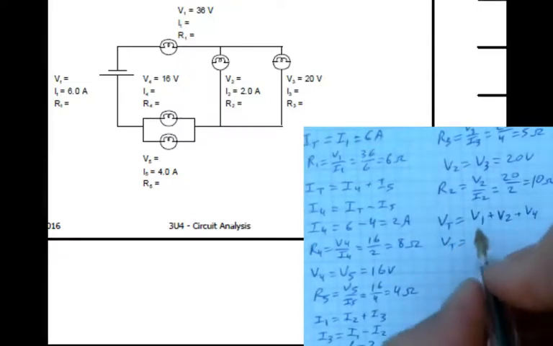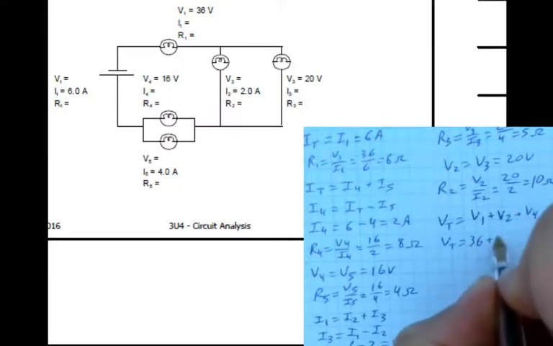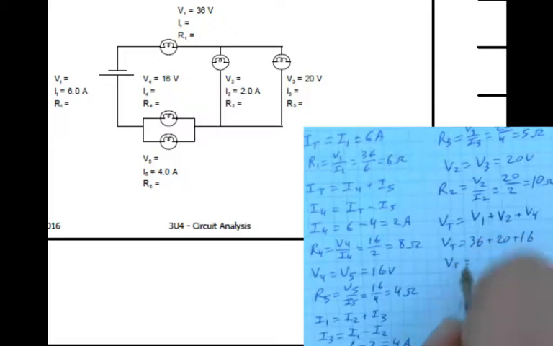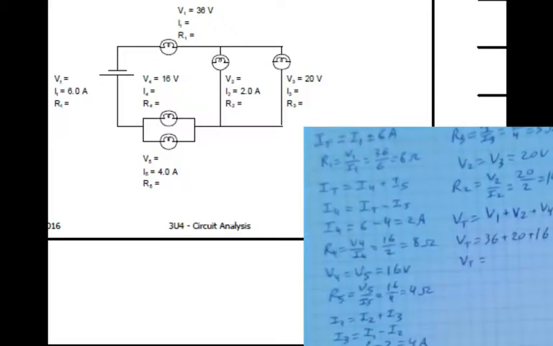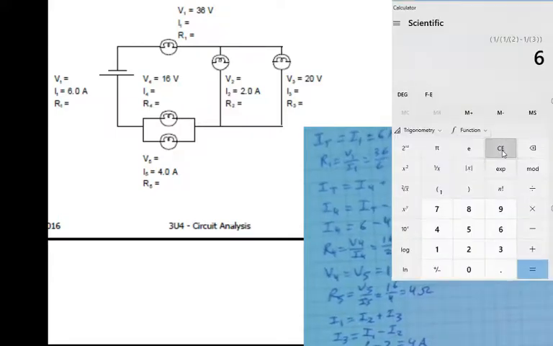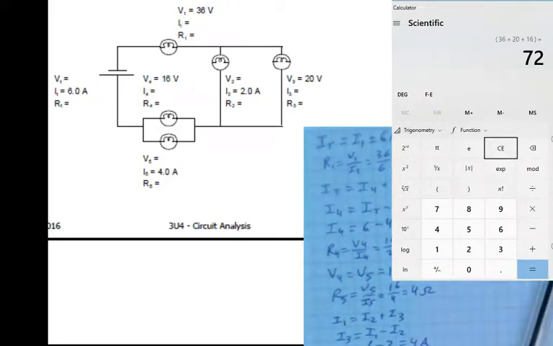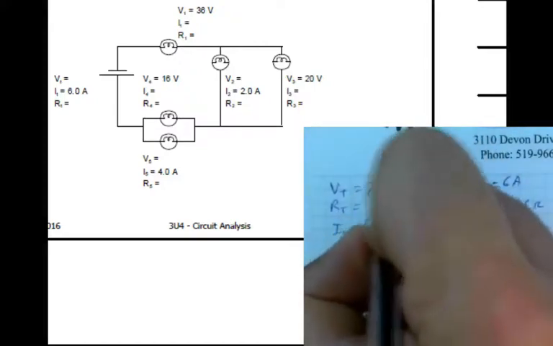So VT equals 36 plus V2, which is 20, plus V4, which is 16. So 36 plus 20 plus 16. I'm just going to use a calculator because I'm doing a lot of math today. 36 plus 20 plus 16 is 72. So we have 72 volts. For our total voltage, we can write that up here, 72 volts.